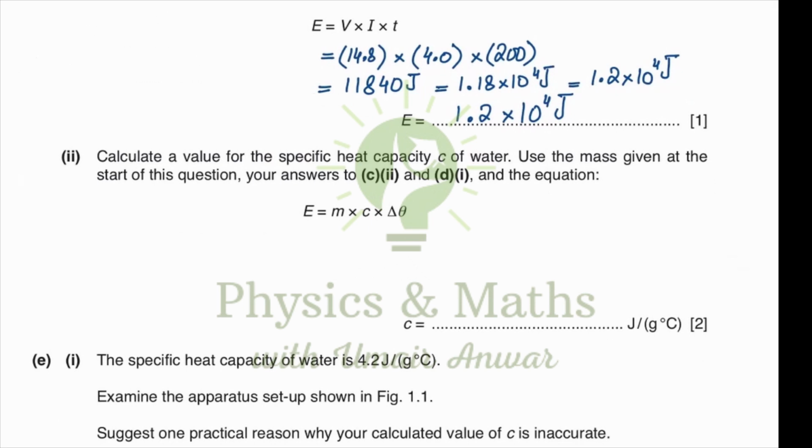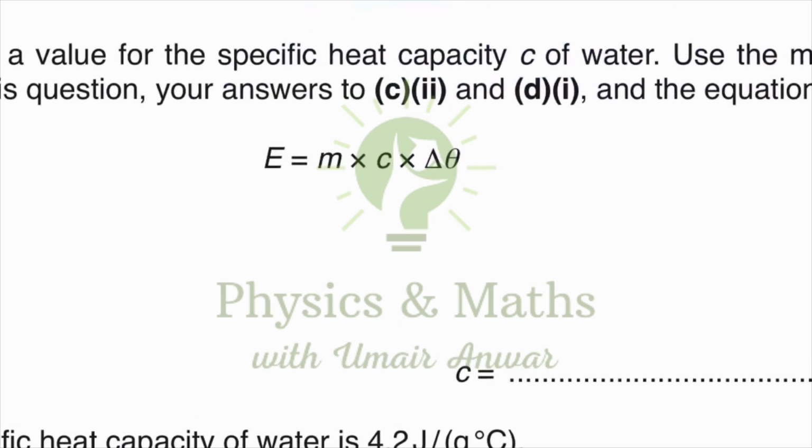Use the mass given at the start of this question, which was 100 grams, your answer to C part 2 and D part 1, and this equation. So the value of mass was 100 grams, the value of C we have to calculate, and the temperature change was coming out to be 17.4.